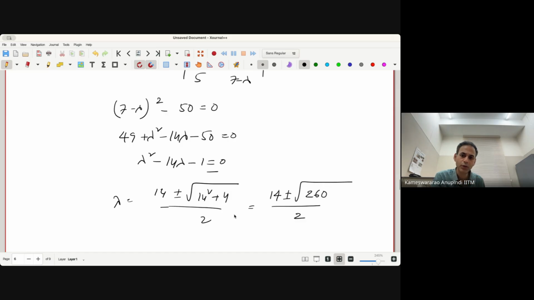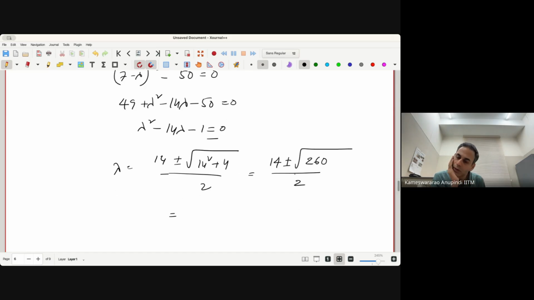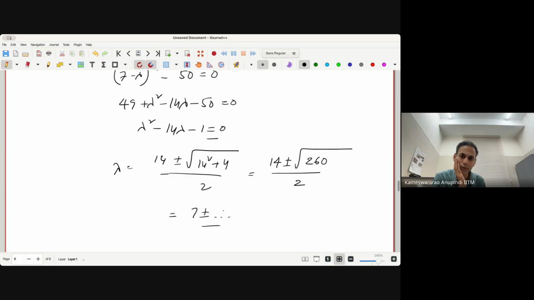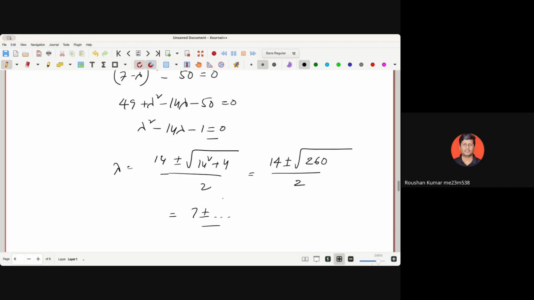Okay, so essentially this is going to be 7 plus or minus some value, around 16.12, so you're going to get some value here. 14 plus or minus 16.12 divided by 2.